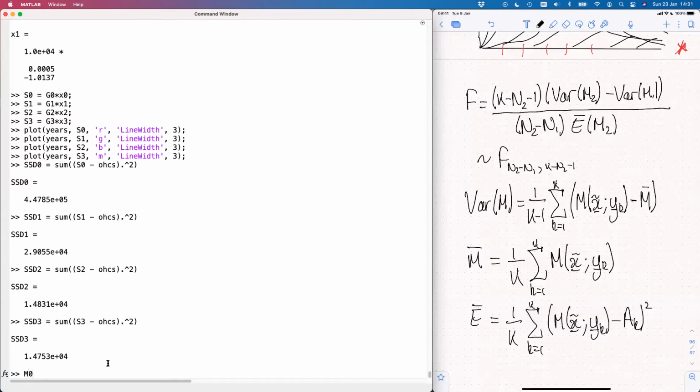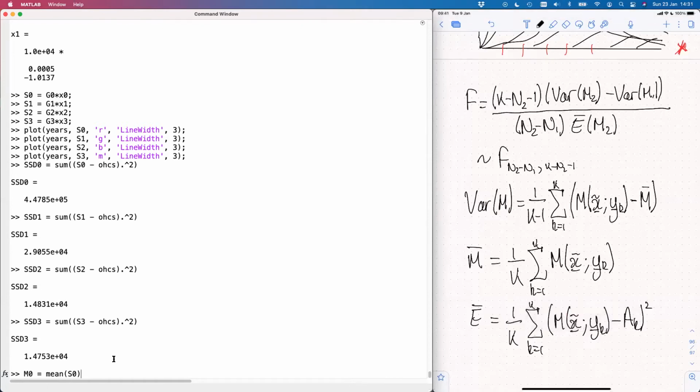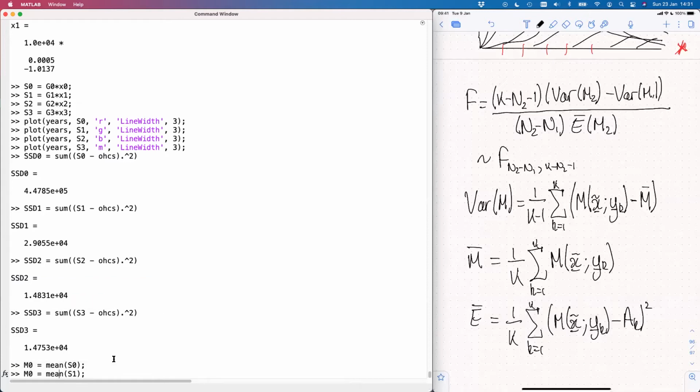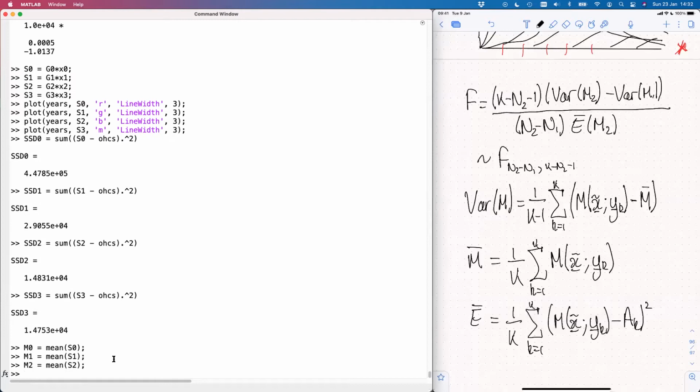So M0 is mean of S0. Remember S0 contained the predictions of model 0 corresponding to each of the measurements that we have. So to get this mean, I just have to take their average. Same for model 1, 2, 3.